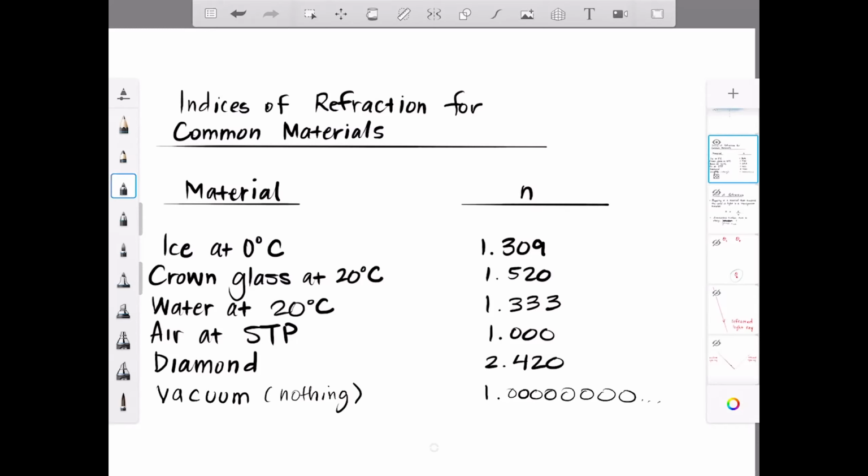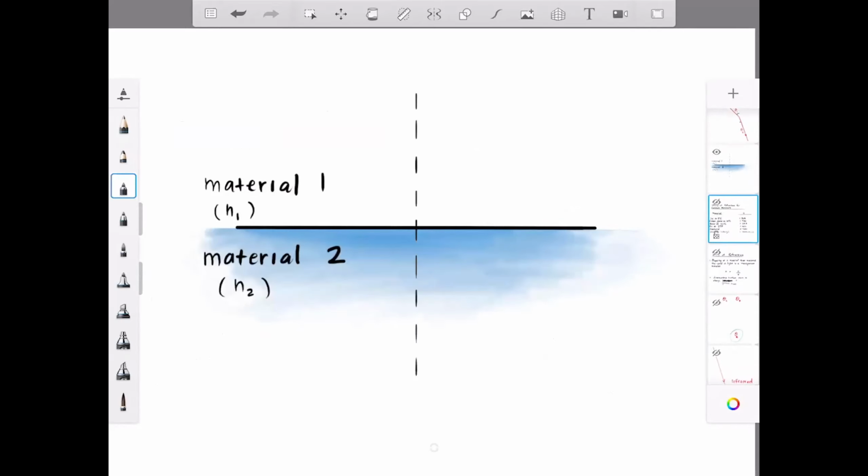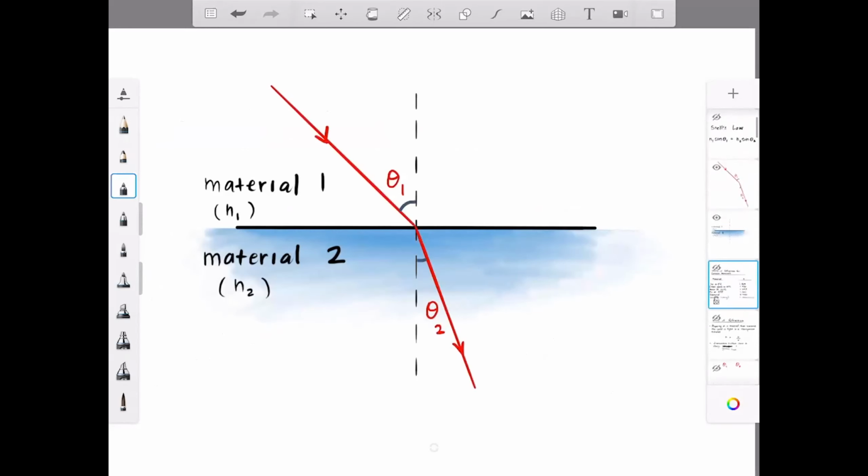Now let's look at the law that dictates how these angles work. Okay, so let's say we have our two materials, material 1 and material 2. Each one of these guys has its own index of refraction, N1 and N2. As my light ray is incident upon the second material, it gets refracted.